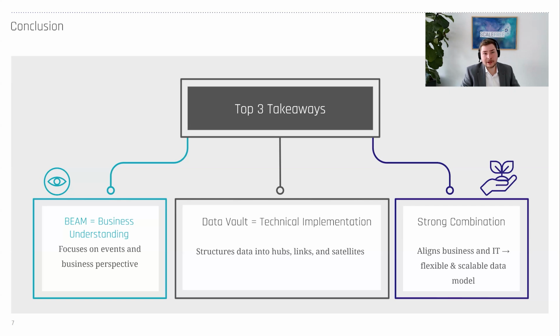And in the end, I think this is a good way to align business and IT and get a flexible and scalable data model with Data Vault, because they are already so similar. I think the translation or the modeling of Data Vault gets much quicker and easier, and then you can even automate it, right? So I think that can be a really good combination and good starting point for your projects as well.